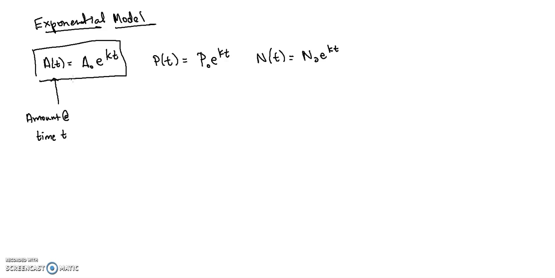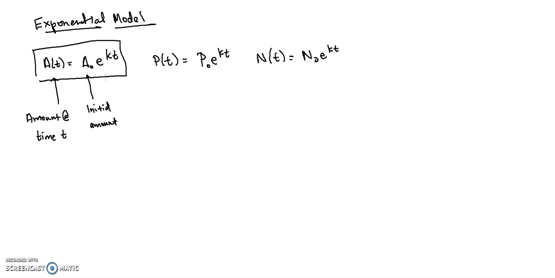It can be any quantity of time, but it's got to be consistent through the whole problem. A naught, that little sub-zero, is read as naught in math and science, and it always means the initial amount, and this is no exception. This is the initial amount. So A naught's initial amount, V naught is the initial velocity, and so on.